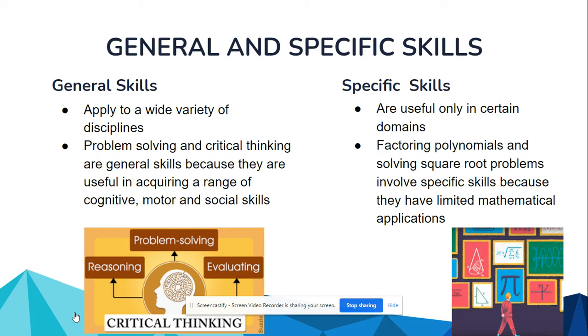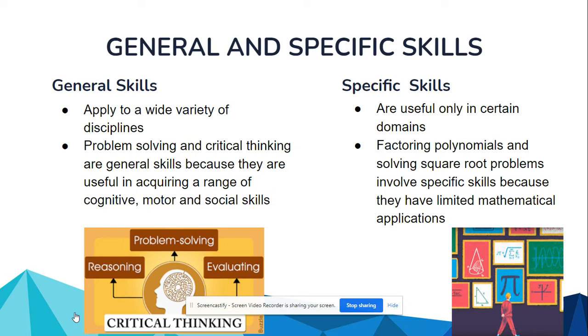Examples may include attention, memory, persistence. They can be applied to something like learning chemistry as well as to play a musical instrument. Specific skills are then applied to a specific domain, and domain specificity refers to discrete declarative knowledge and or procedural knowledge.